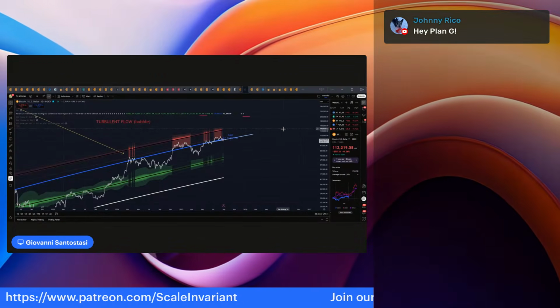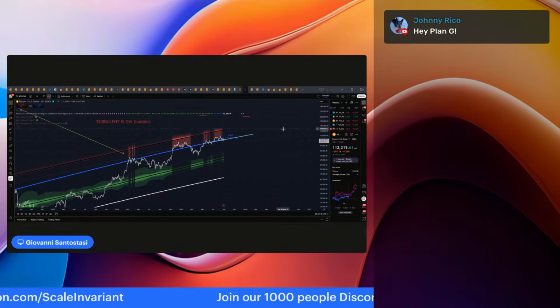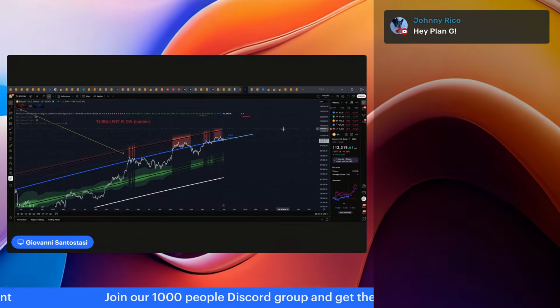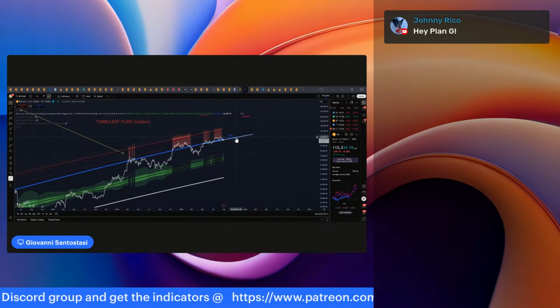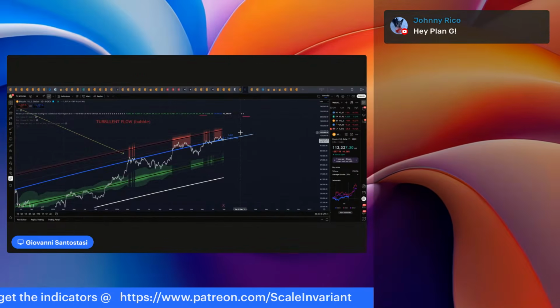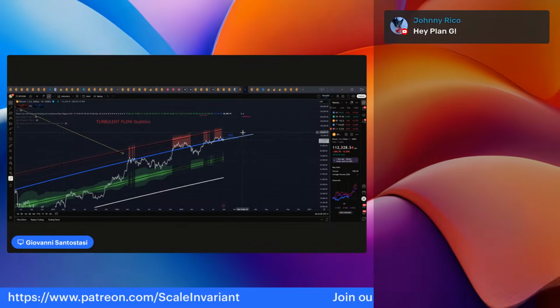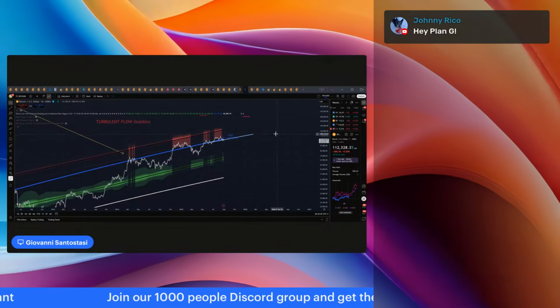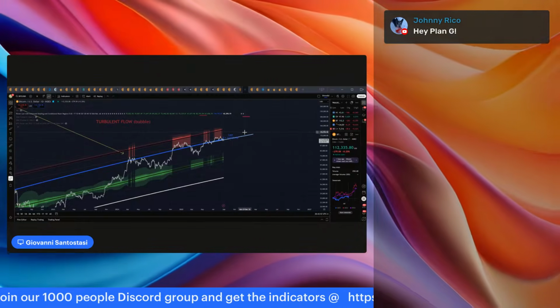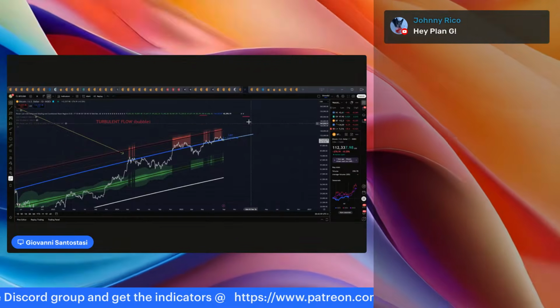So it's not completely out of the question. If we were talking about 2% a day, 3% a day, yes, it would be. But as we come closer to the peak, we will require higher and higher gains. While right now it's difficult but not impossible, it's going to be closer and closer to impossible.